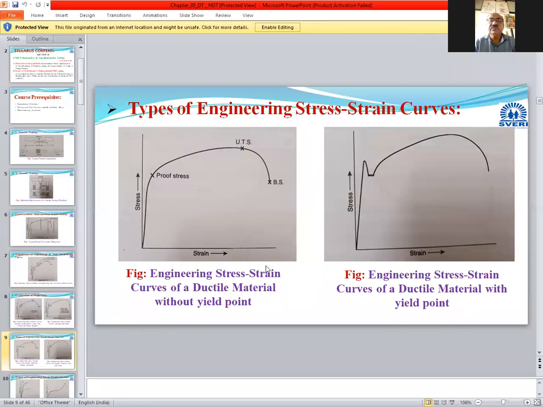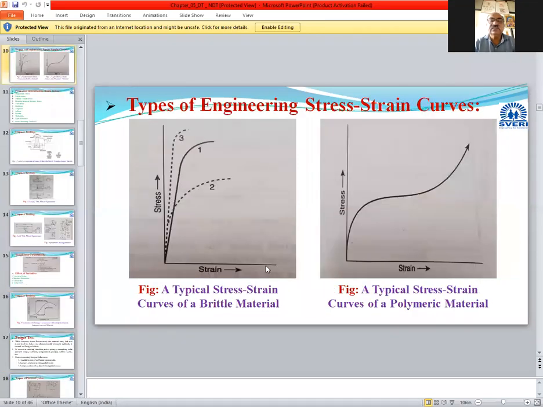Next one. Typically engineering stress strain curve is there. So here, stress versus strain curves for brittle materials and typical stress strain curve for polymeric materials.